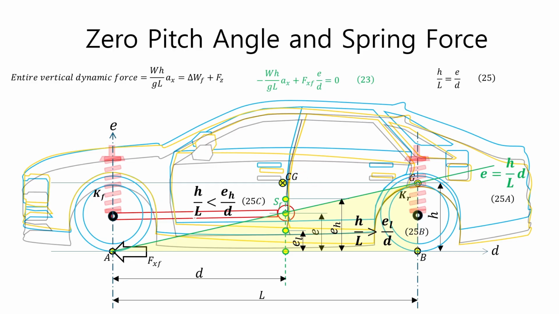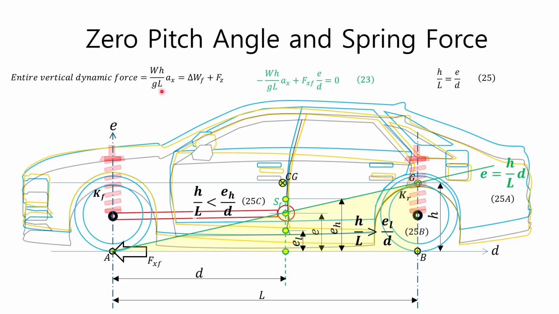In the region above the green line, the pitch geometry can be expressed using an inequality expression, as in equation 25C. In equation 25C, as the height EH of the virtual reaction point, SF, increases, the absolute value of the force, FZ of the suspension links, with the drive wheels, increases beyond the magnitude of the total vertical dynamic load of the vehicle.